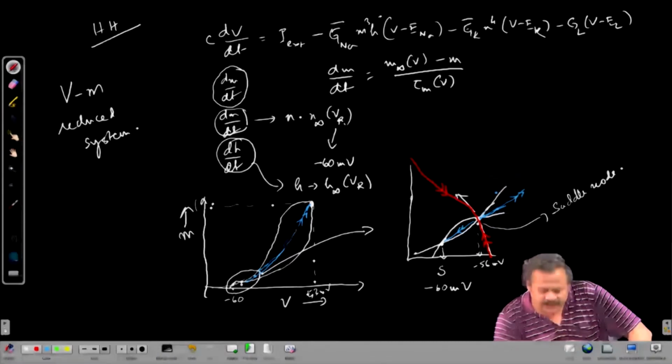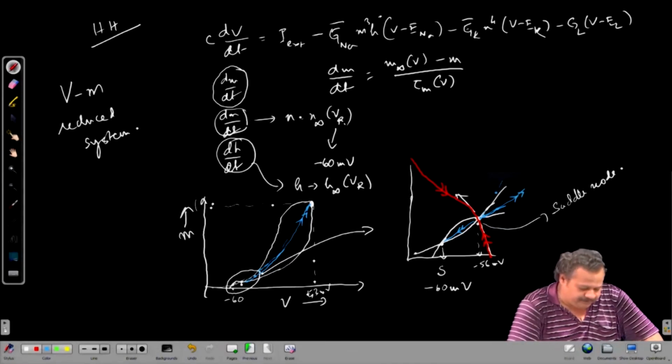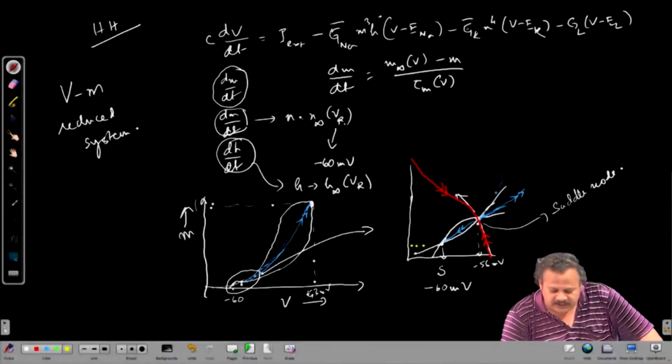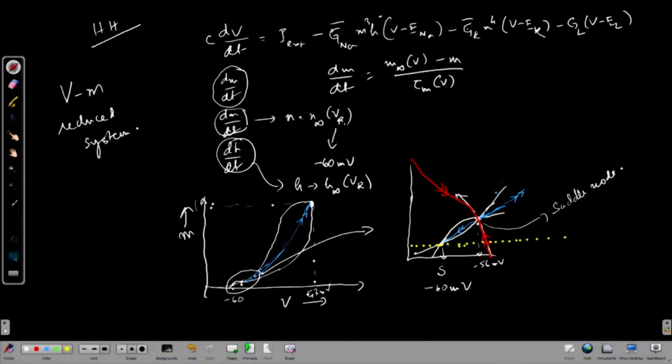As we can see here, if we start the system anywhere along this yellow line, which is at the resting m, and this is our V rest, then by shifting it through a current injection, with the initial value of voltage somewhere near this stable manifold but on the left, the behavior is like this.